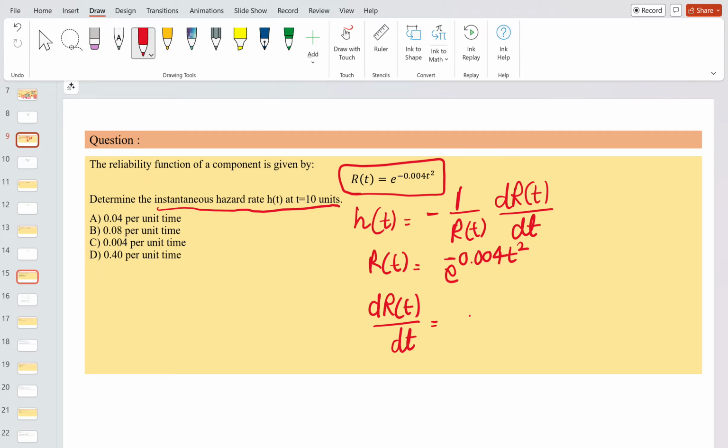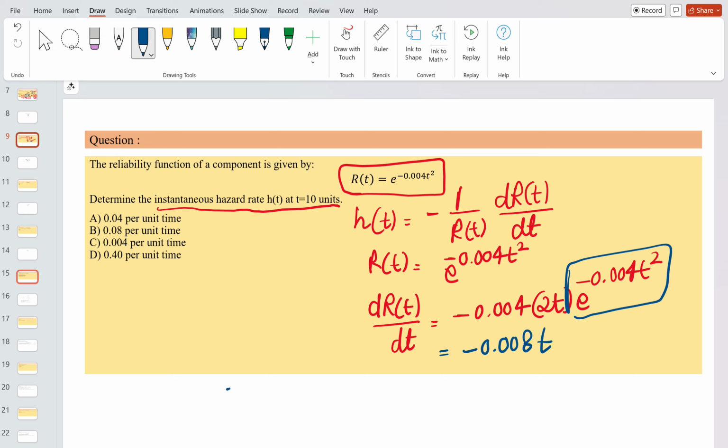When you solve, it will come out to be minus 0.004 times 2t times e to the power minus 0.004 t square. So it is basically minus 0.008 t, and this is basically R(t) only.